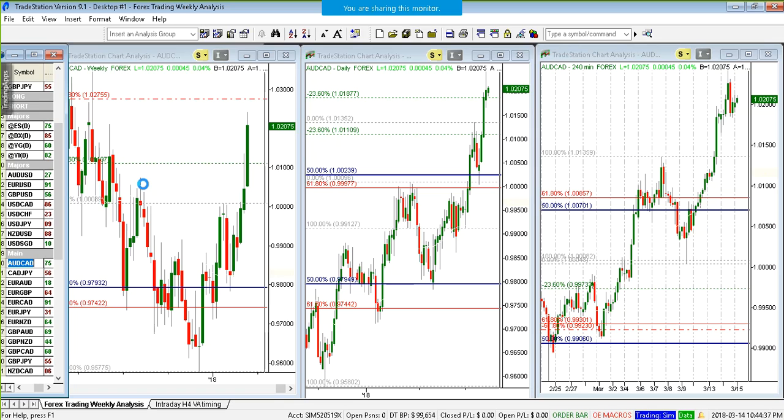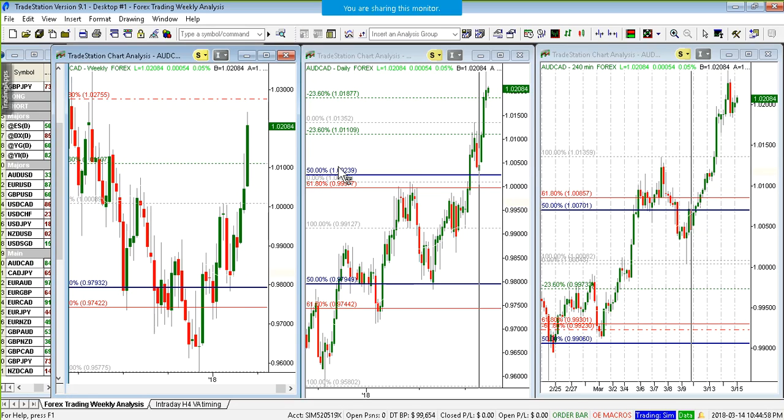Starting from the Canadian, Australian dollar, Canadian here, the weekly has traded, and the inner move here that has traded is the one at 100.23.24, and it has hit the first target already. The larger move here has hit that first target.